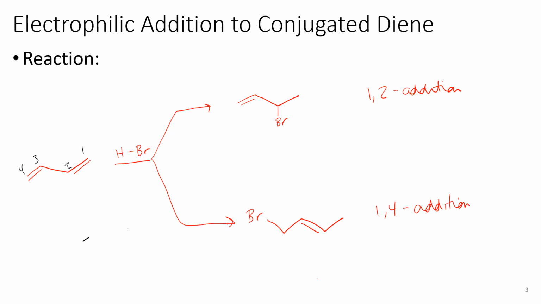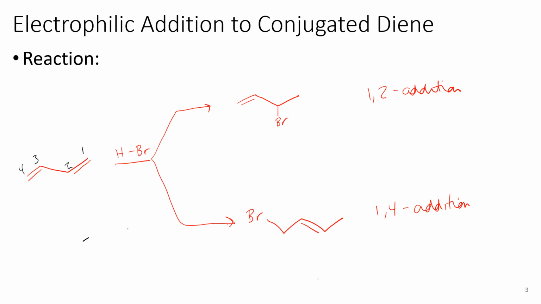Please recognize that this 1,2 and 1,4 that we're talking about has nothing to do with nomenclature. All it is doing is taking this conjugated diene system and numbering it 1, 2, 3, 4. So 1 and 2 is one of the double bonds. The 3 and 4 is the second double bond in that conjugated system. And the 1, 2, and 4 are telling us where we are doing our addition.